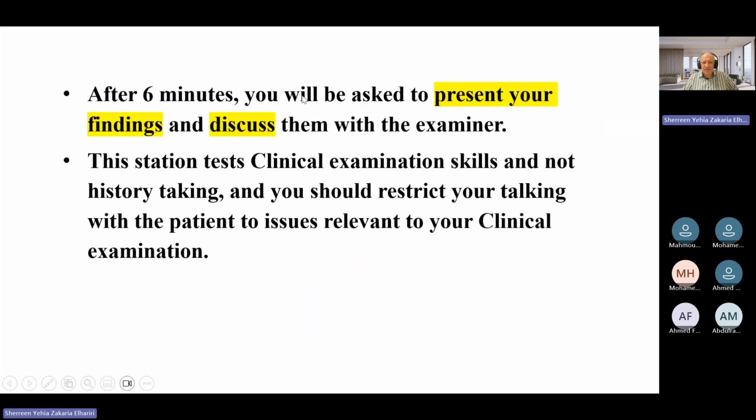After 6 minutes, you will be asked to present your findings and discuss them with the examiner. Again, this station tests clinical examination skill, not history taking, and you should restrict your talking with the patient to issues relevant to your clinical examination.